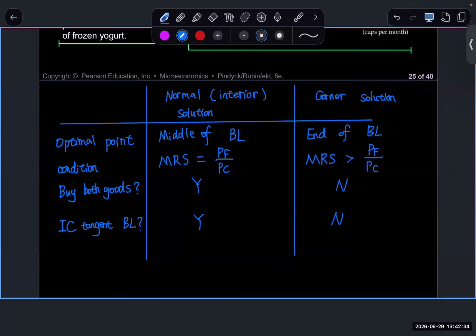So here is the difference between normal solution and corner solution. Corner solution also means that you love one good so much that the best you can do is spend everything on it. Okay, you only buy one good, so the tangency condition never gets a chance to hold.